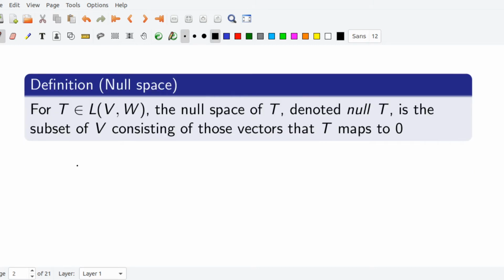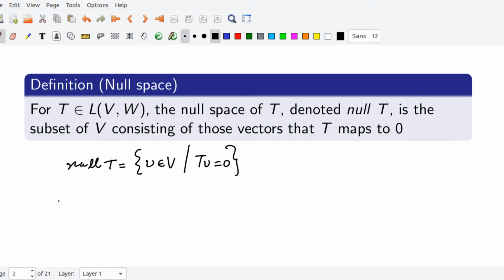So null space of T means the set of all v in V such that T(v) equals 0. It is the set of all elements in the vector space V whose image is equal to 0. I have given two examples of null space. Here we consider another example.